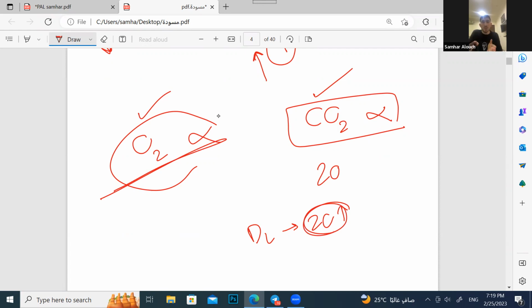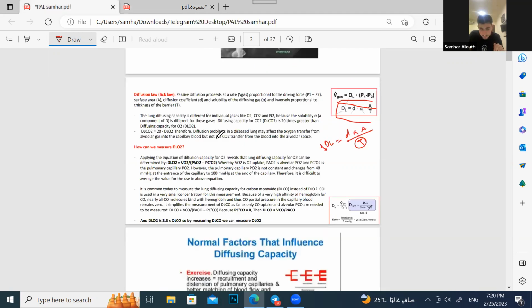So no matter what we do, if we did an obstruction or we decreased the surface area or we increased the thickness, we can't actually decrease the carbon dioxide DL that much because it is 20 times higher than oxygen. But oxygen is 20 times lower than carbon dioxide. So if we increase the thickness or decrease the surface area, it will really make a major difference in oxygen. And yes, you got it right.